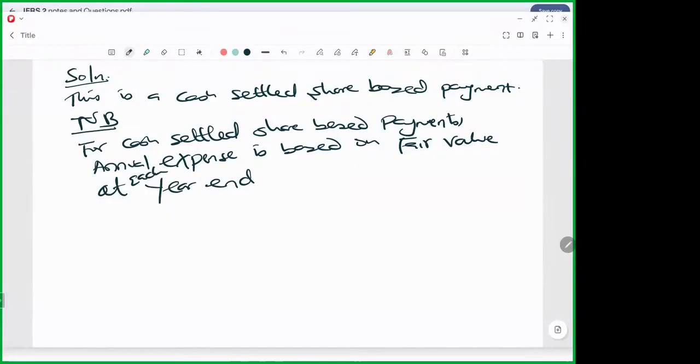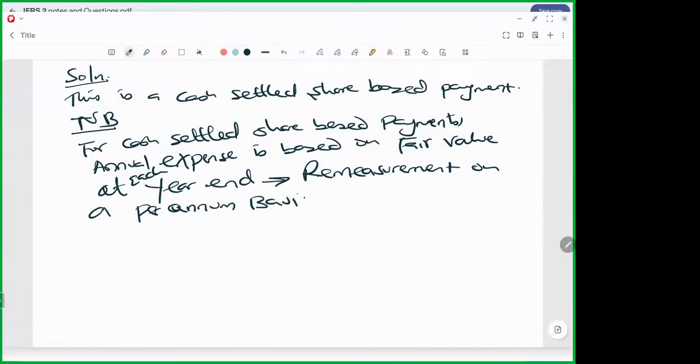So basically, this is what we are calling remeasurement on a per annum basis. It's only applicable for cash-based settlements.